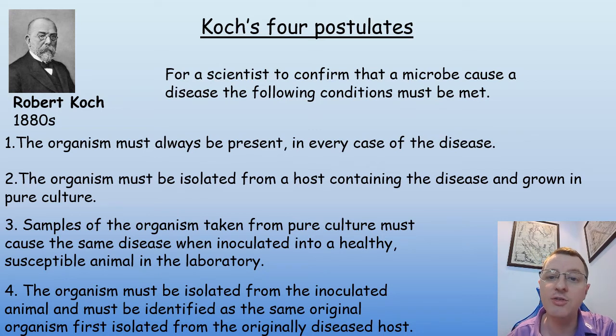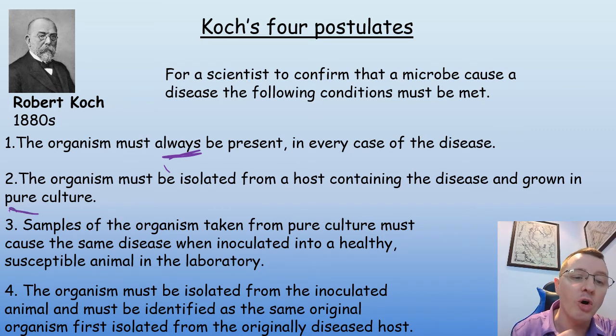For a scientist to confirm that a microbe causes a disease, the following conditions must be met. 1. The organism must always be present in every case of a disease. 2. The organism must be isolated from a host containing the disease and grown in a pure culture within the laboratory. 3.